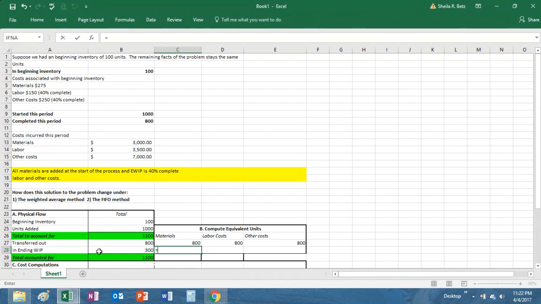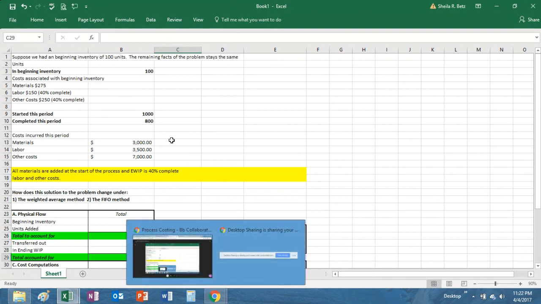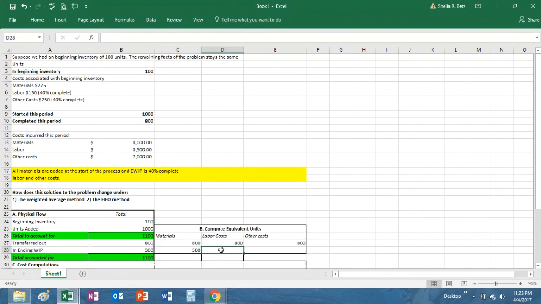So for these 300 units, we worked on all 300 in regards to materials. But for labor and other costs, we only worked on 40% of them. So if I lined up 300 units that were 40% complete and combined all of those 40% portions, that's the equivalent of saying I worked on 120 completed units.